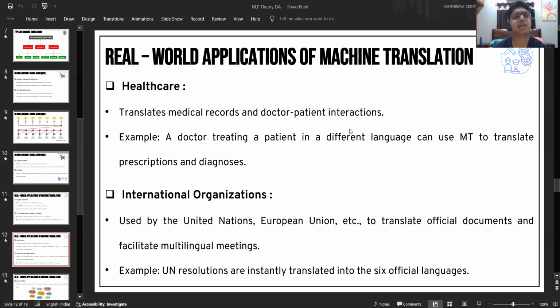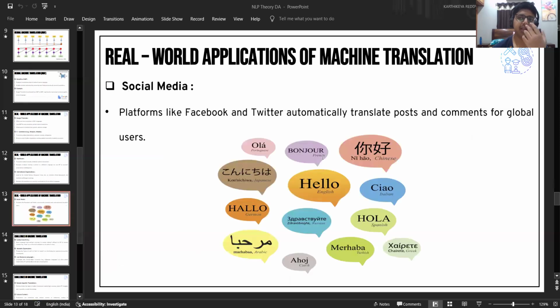For instance, a doctor can treat a patient speaking a different language by translating prescriptions and diagnosis. Some international organizations also use MT, the United Nations and European Union rely on MT to translate official documents and facilitate multilingual meetings. And commonly, it is used in social media like Facebook and Twitter to translate posts and comments, connecting people globally regardless of language barriers.